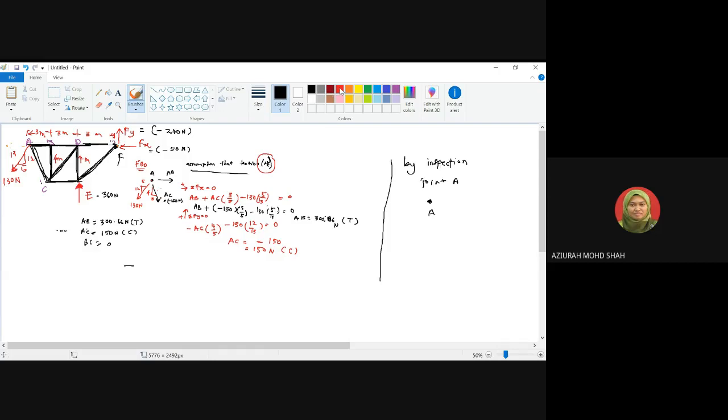Okay, join A. Given, right, 130 Newton ni Y dia ke bawah, X dia ke kiri. Okay, jadi kalau kita tengok untuk komponen AB, untuk member AB dia tak ada Y. Jadi kita boleh gunakan AC untuk dapatkan Y direction lah.